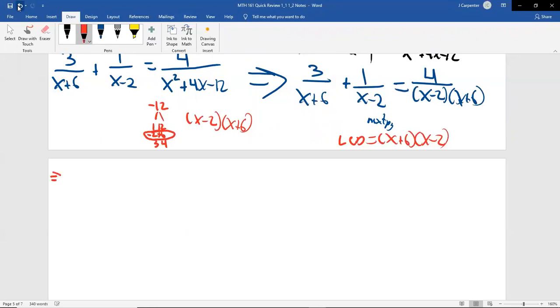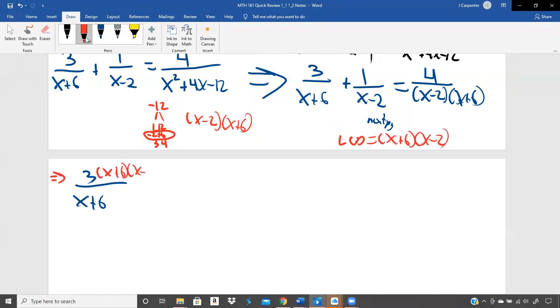So what we get, the LCD multiplies by the 3, the 1, and the 4. It goes into the tops of everything, or if it's a whole number, just the whole number. So blue, here's my 3 over x plus 6. And we're going to give the 3, the x plus 6, and the x minus 2. This is exactly what we were doing before when we multiplied those 12s. We were multiplying to the tops. I was putting them in front of the numbers before, but because these are variables, it makes sense to do them after.